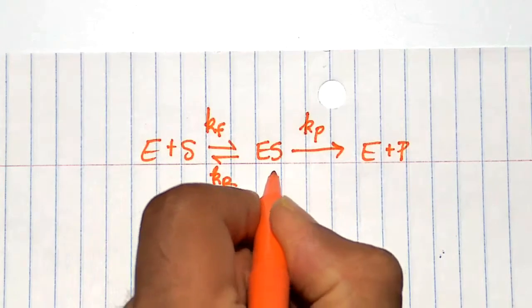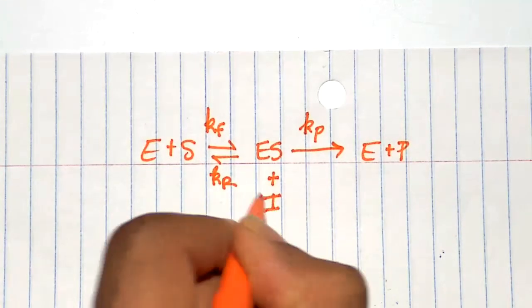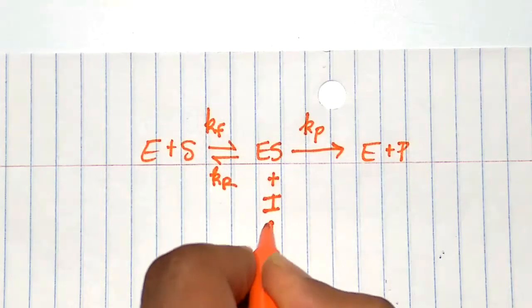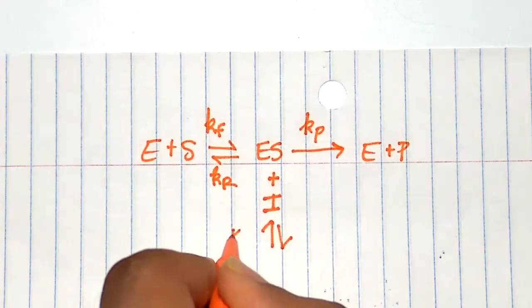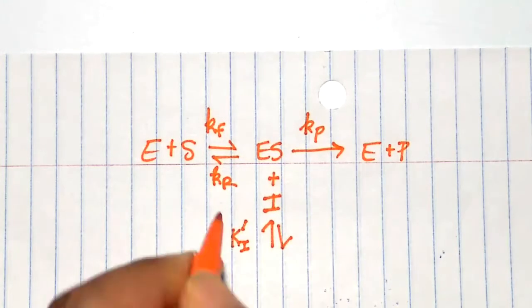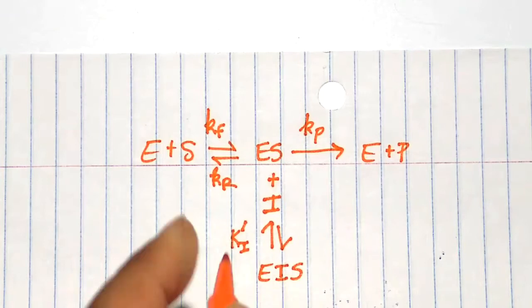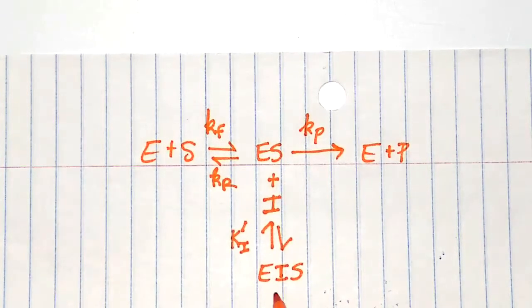It just binds to the enzyme substrate complex. We have a dissociation constant, I'll call that Ki prime, and now we have an enzyme inhibitor substrate complex, sort of a tri-complex, and this is non-productive. It will not go and make product.